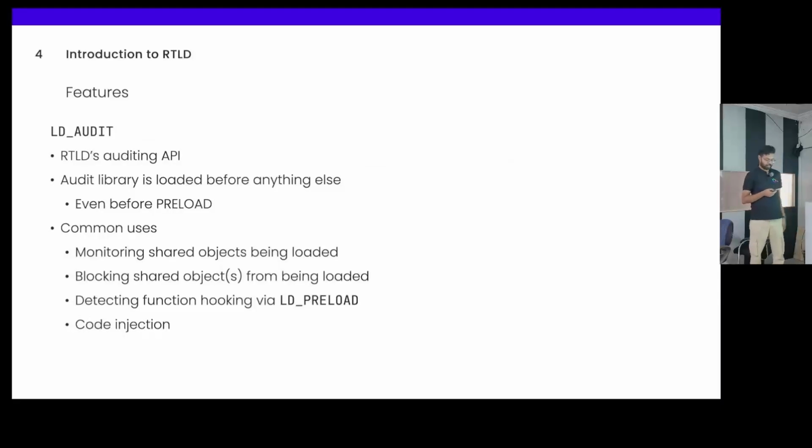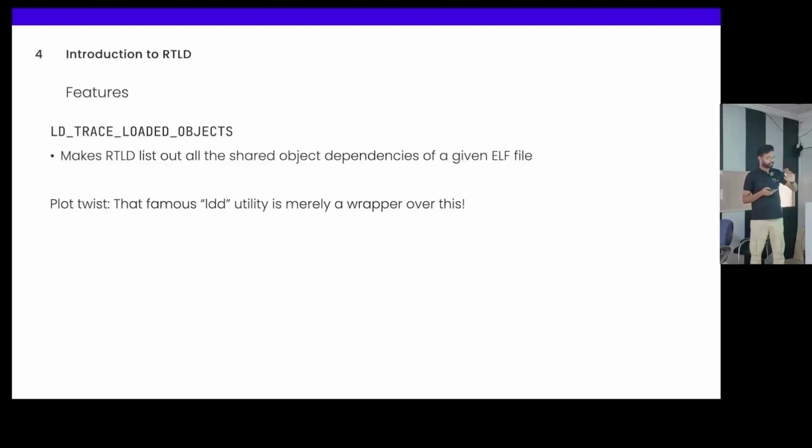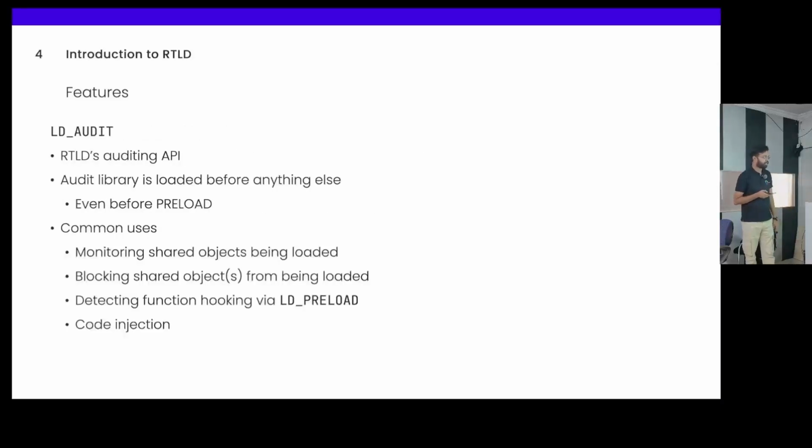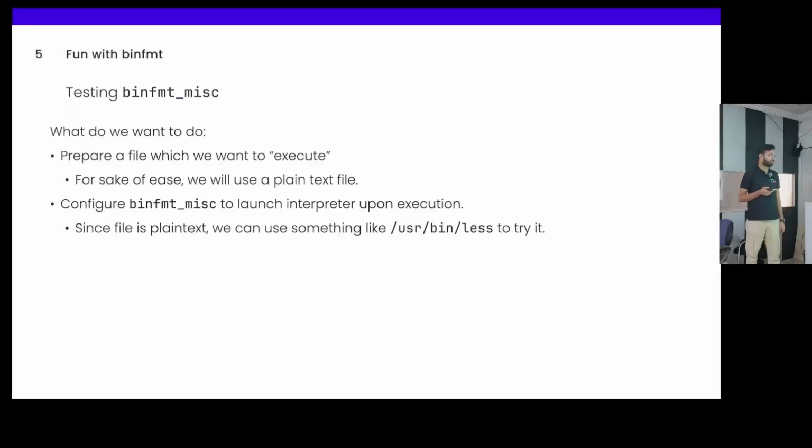So all the goodies that we take for granted in Linux, whether for blue team or red team, a lot of those are coming from RTLD, which is running entirely in user space and is open source and is not really difficult to modify. So it is time to stop blindly trusting these, and now time to see what we can do with this binfmt and that RTLD part.